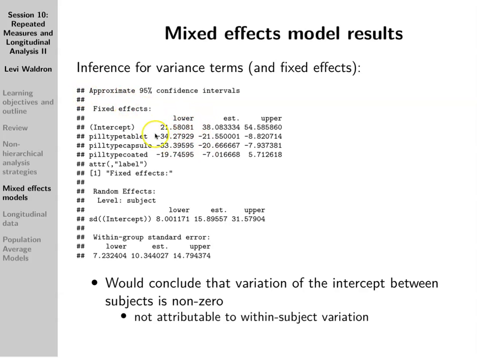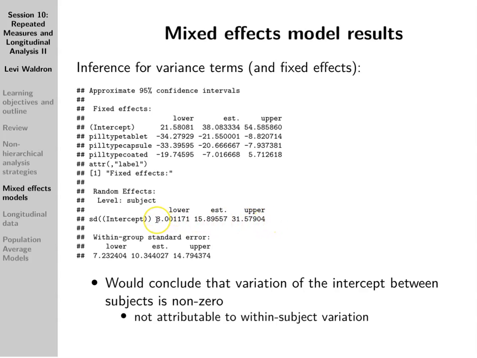gives the confidence intervals for both the fixed variables. So here are confidence intervals for each of the fixed effects of treatment, and also for the random effects. So for this estimate of a standard deviation on the random intercepts, it also gives me a lower and an upper 95% confidence bound.